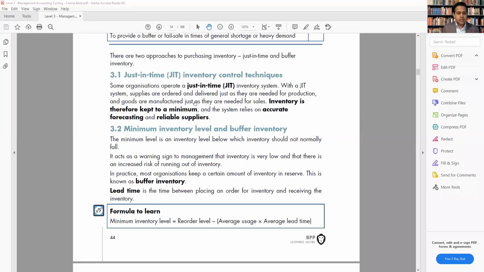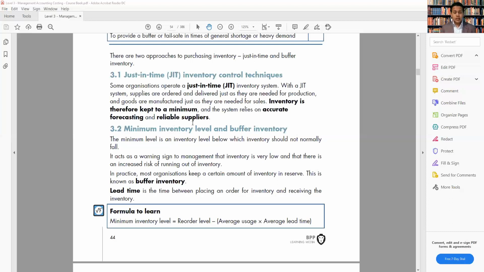With a JIT system, supplies are ordered and delivered just as they are needed for production, and goods are manufactured just as they are needed for sale. Inventory is therefore kept to a minimum, and the system relies on accurate forecasting and reliable suppliers.